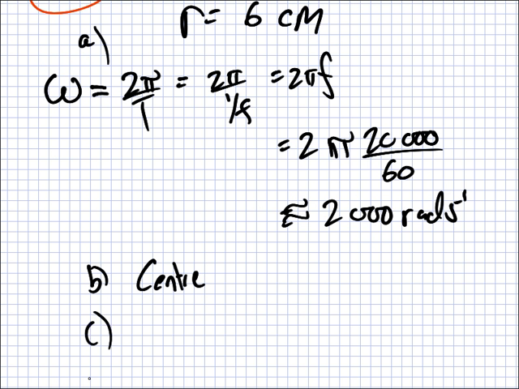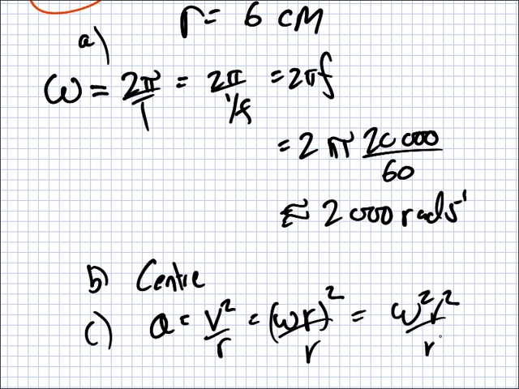Alright, and what's C? Determine the magnitude of the centripetal acceleration of the point on the edge of the disk. So that's a equals, one formula you could use is omega squared r, or a equals v squared over r, but the problem is you don't know v. So v is omega r, so that's omega squared r squared over r.